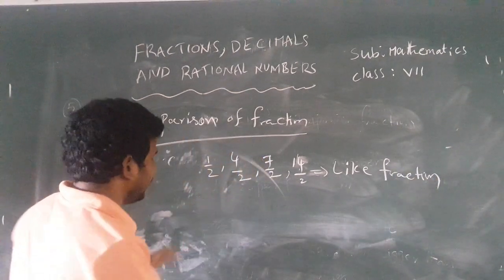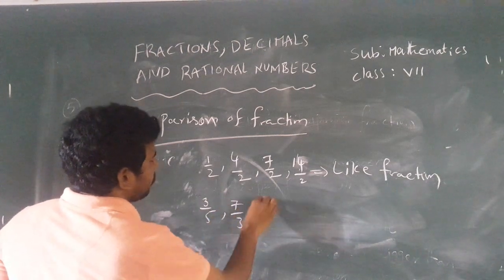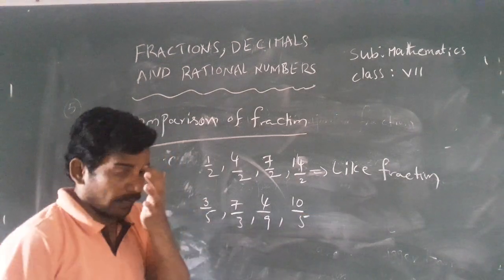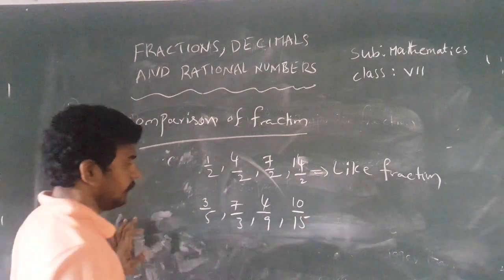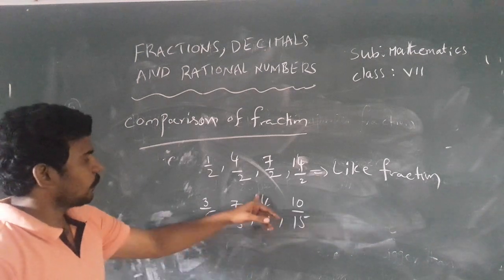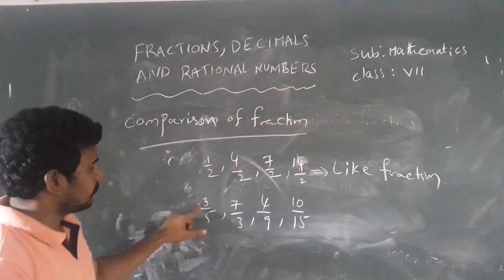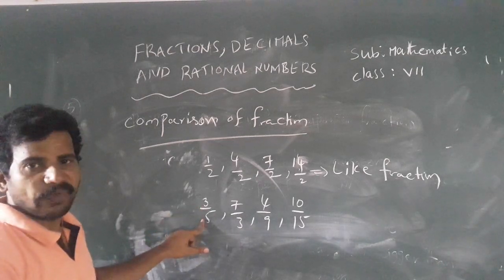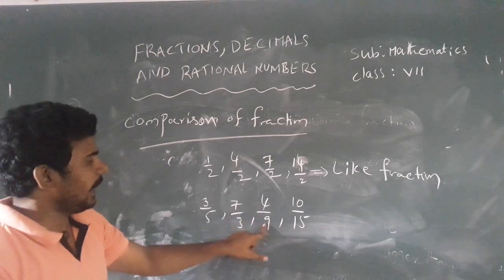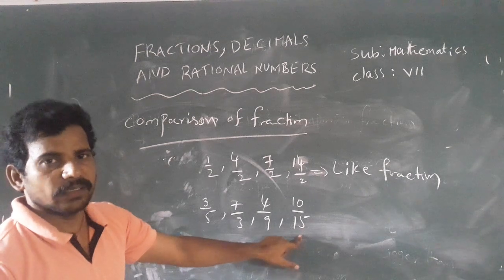Next, 3/5, 7/3, 4/9, 10/15. Observe children, in 3/5 the denominator is 5, in 7/3 the denominator is 3, in 4/9 the denominator is 9, in 10/15 the denominator is 15.